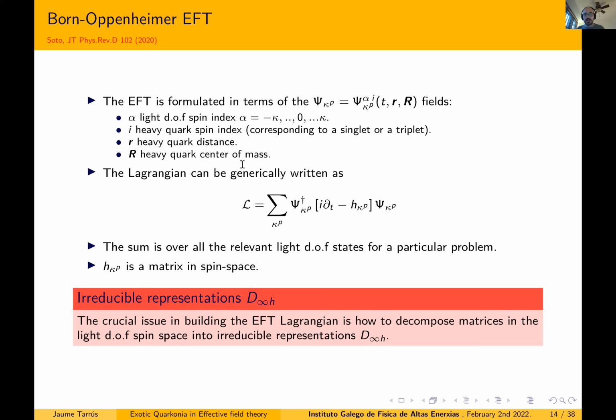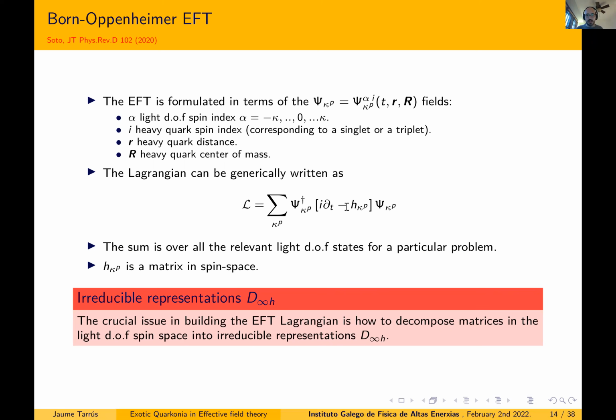Then the Lagrangian is just written like this, as any other non-relativistic EFT, in terms of some Hamiltonian in which one writes the operators giving you the different interactions. One should sum over all the light degrees of freedom quantum numbers that are relevant for a particular problem. And the question is how we obtain the most general set of operators that go into the Hamiltonian at each order in the heavy quark mass expansion.